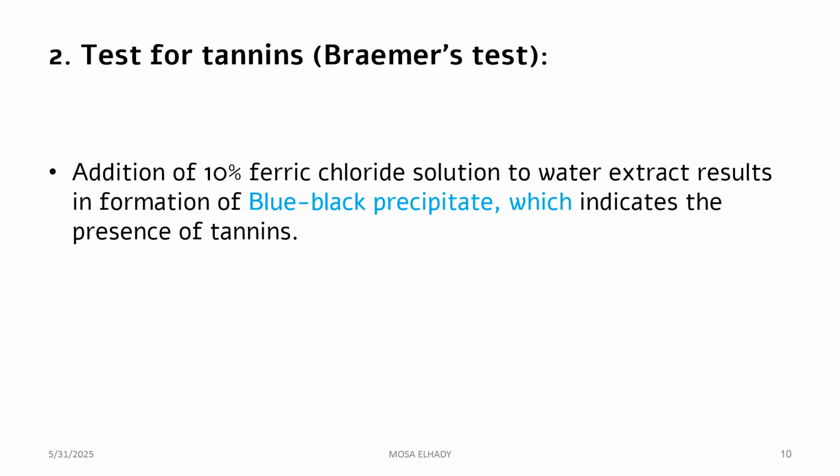For testing the presence of tannins in plant extracts, as we know, tannins are phenolic compounds. We use the ferric chloride test for identification of this class of secondary metabolite. The test consists of 10% ferric chloride solution as reagent. The plant extract is prepared using water as solvent.